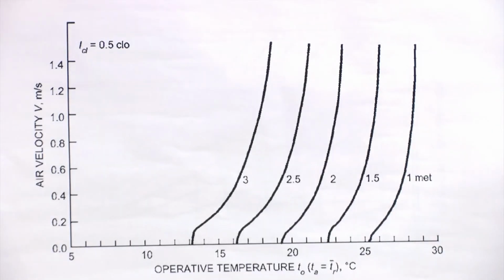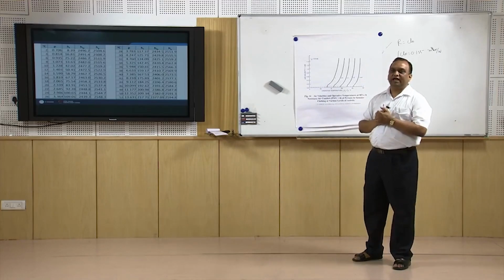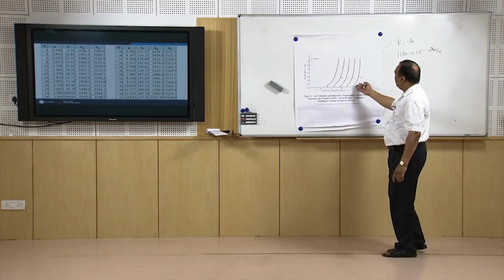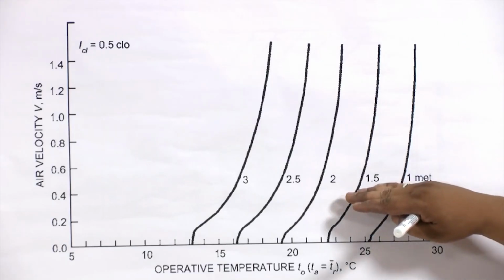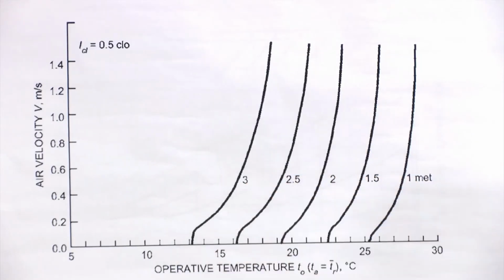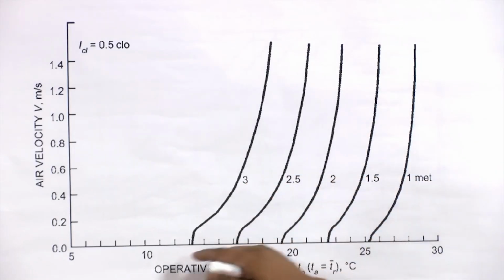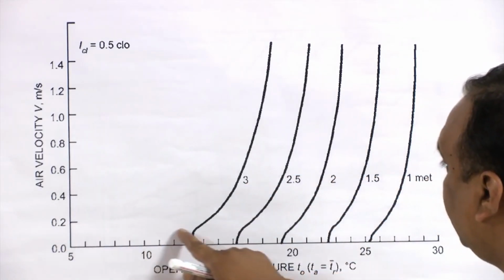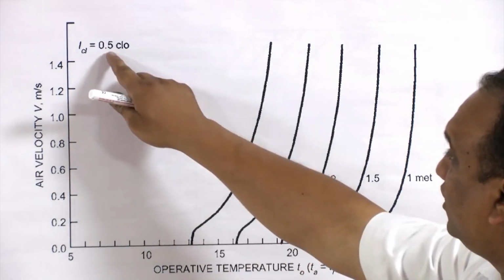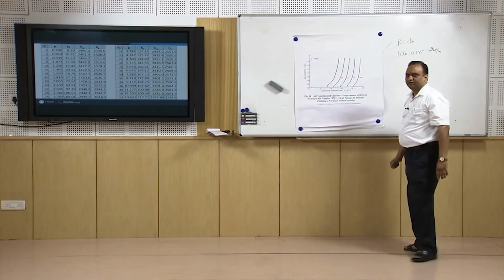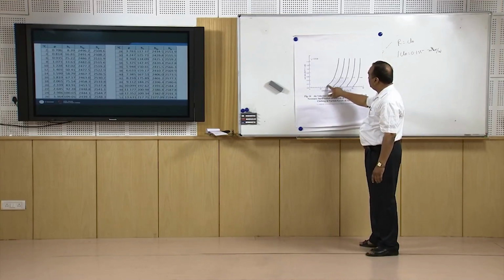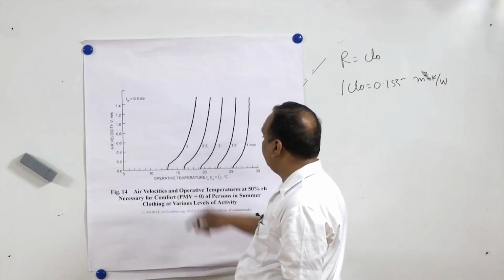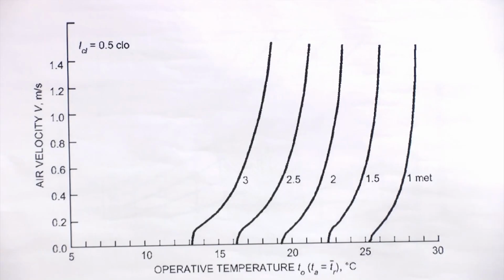This phenomenon I have already explained to you. If air is blowing with a higher velocity, the operative temperature can increase. So in this direction, metabolic activities are increasing. Suppose this is 3 met. For 3 met you can find, if the air velocity is 0.2 meters per second, this is for a clothing level of 0.5. It is for summer clothing. So the temperature is going to be 13 or 14 degrees centigrade, at 50% relative humidity necessary for comfort.